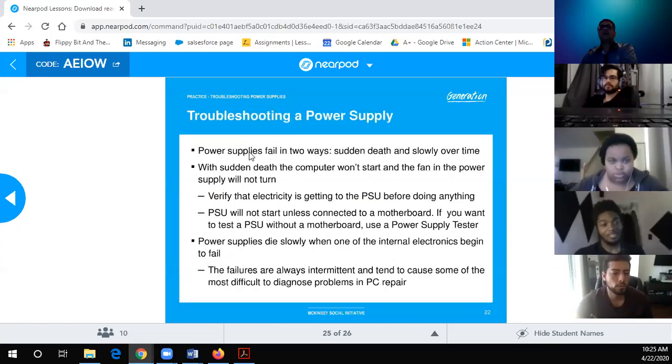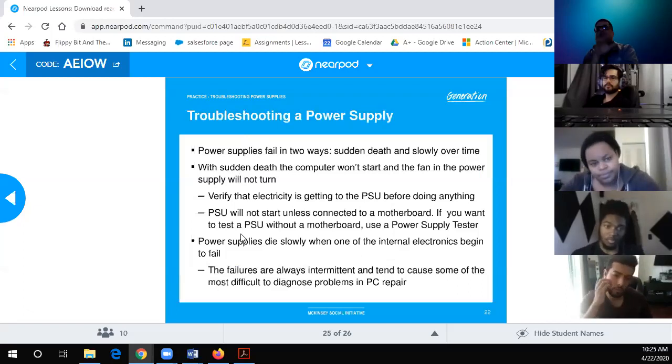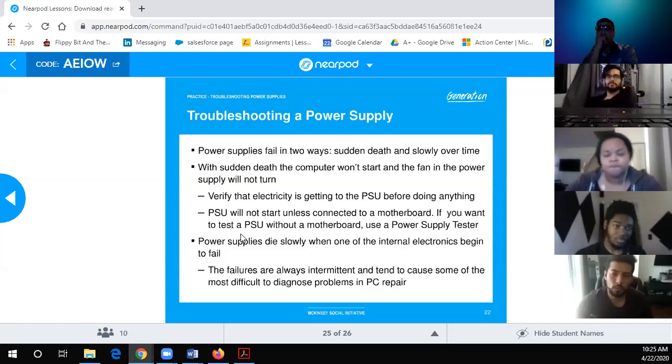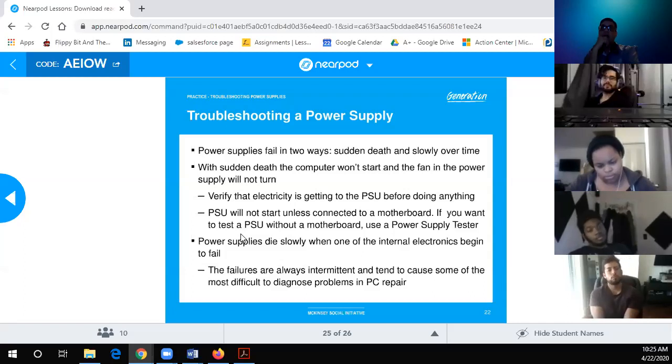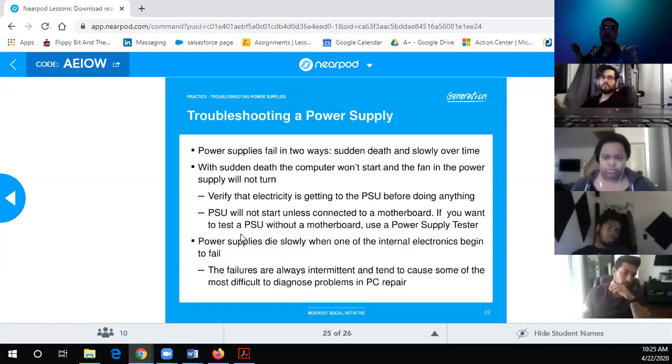So, slide 25. Power supplies fail in two ways: a sudden death or slowly over time, like what happened with Lazaro. With sudden death, the computer won't start, the fan won't spin, the power will just not turn on at all. Verify, obviously, that the PSU is getting power. Another thing that confuses people: you may have been messing around with stuff inside, so you might have created a short on the motherboard or on a drive.